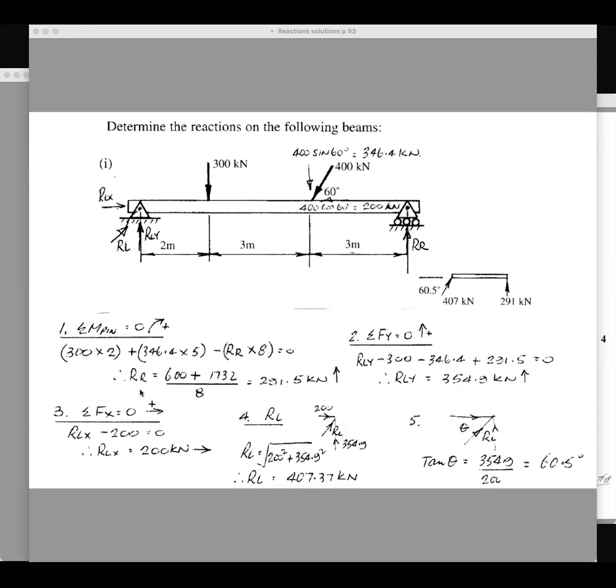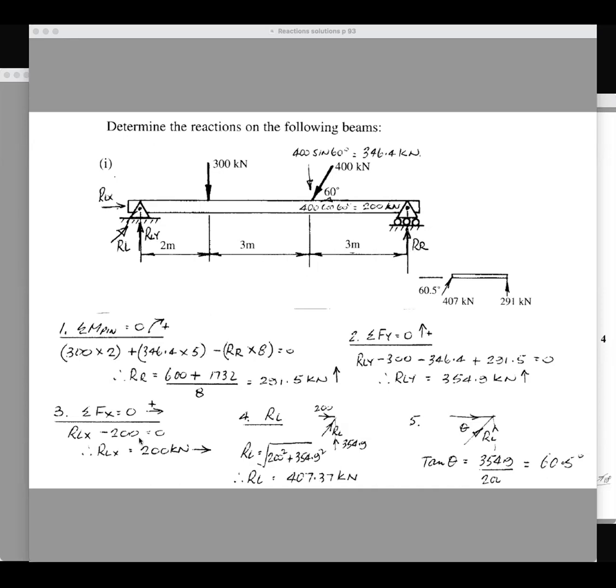And for the third step, the sum of the horizontal forces equals 0, with that direction positive going to the right. You don't need to write all that down. You can just say that that force there has to equal that force there, because there's no horizontal components with these forces here.